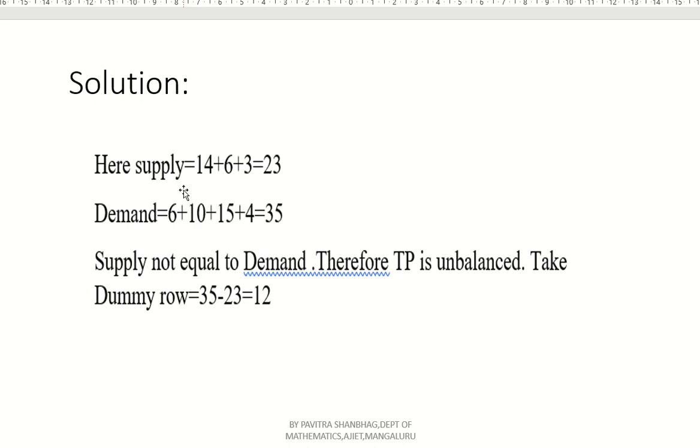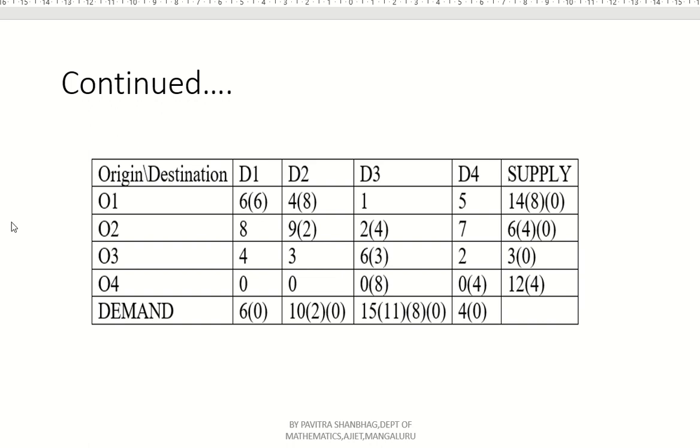Understood or not? Demand is maximum at 35, but supply is 23, very less. The difference 12 we have to assign to the supply to make it a balanced transportation problem. In the next table we have considered another row, origin 4, with costs 0 0 0 0, and we have assigned supply 12.